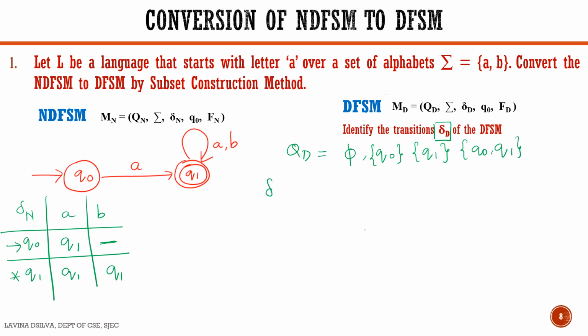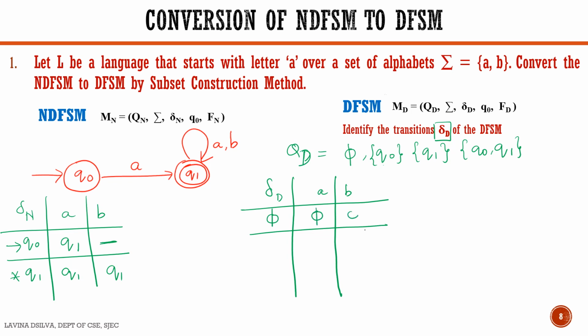The transition delta D is given as follows, with two inputs A, B. First we'll start with the empty set state; there is no transition defined, so we can write empty set and empty set.